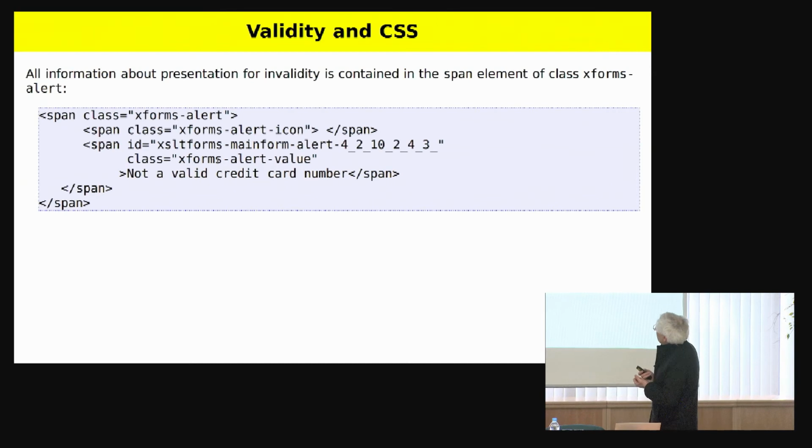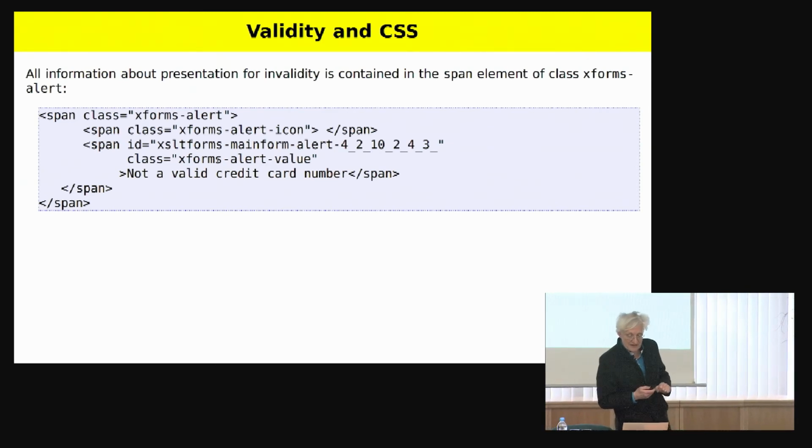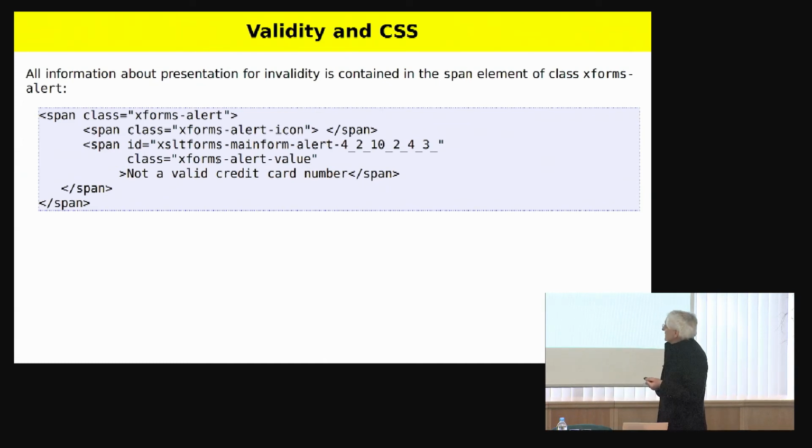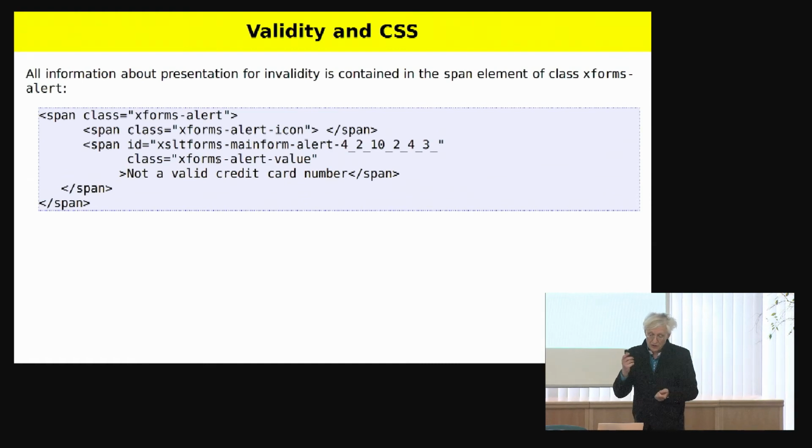Similarly for validity, there's a sub-element of the control that contains information about what to do when it's invalid. Again, it contains space for an icon, which in this case the CSS does as a background image. And it contains the text for the alert.